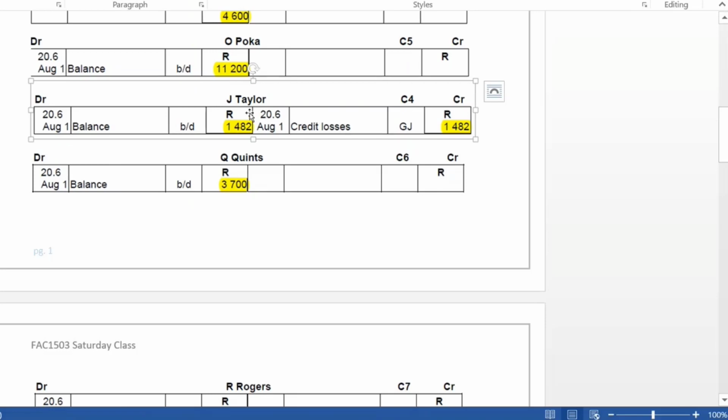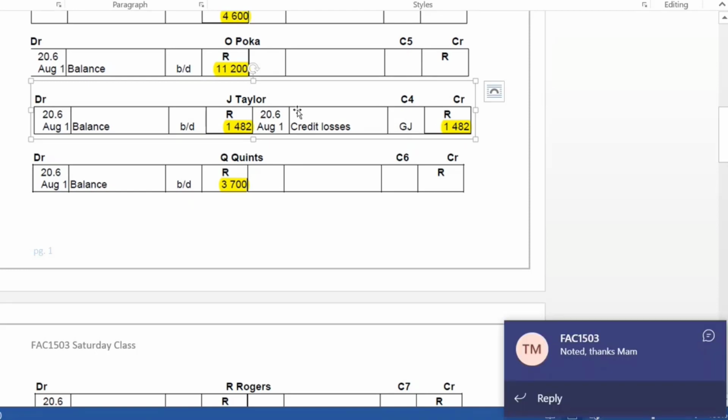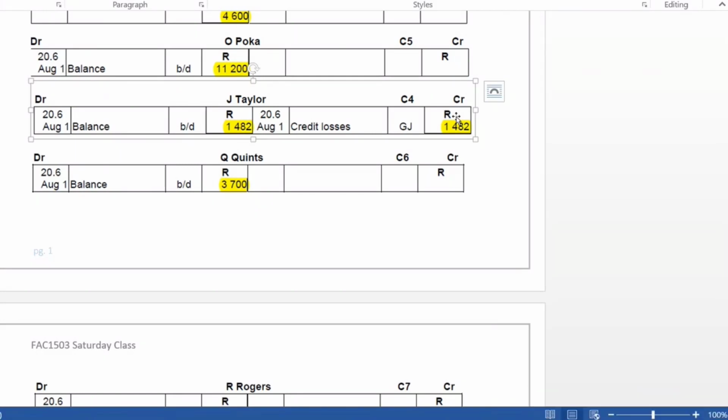So at the moment, J Taylor owes nothing to the business, because the effect is nil. The debit minus credit is 0. Debit side of 1482, credit side of 1482, it is 0.